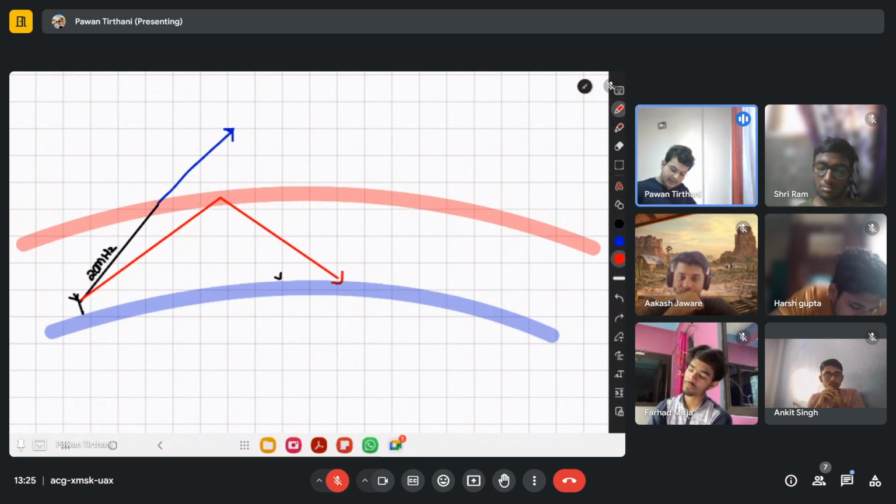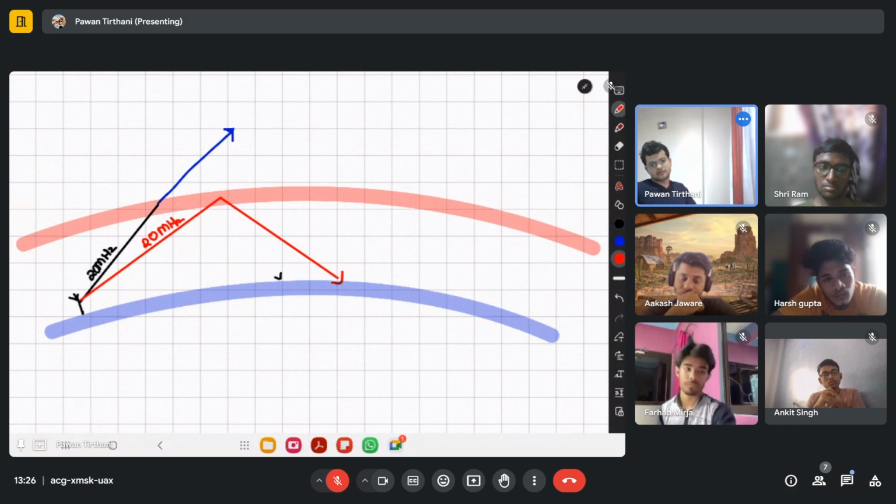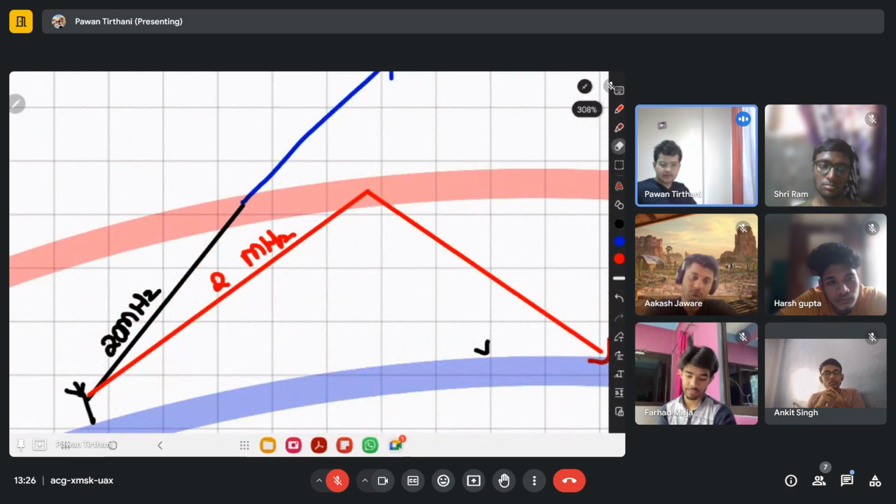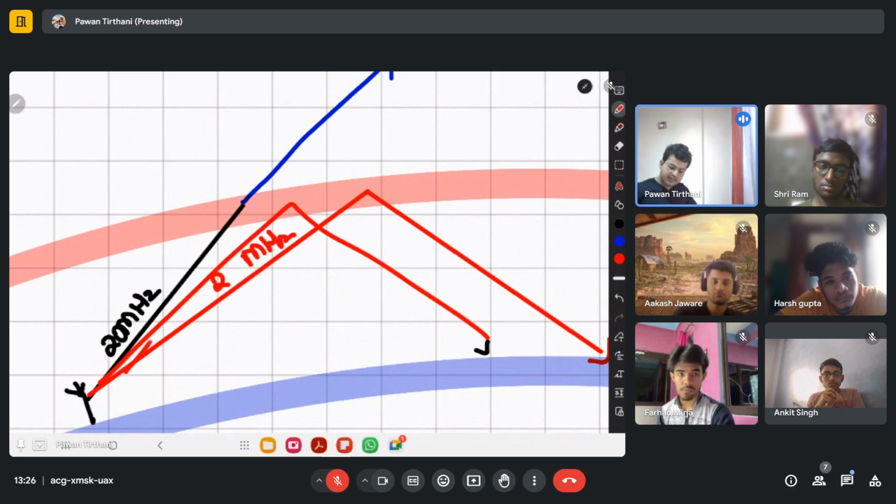Now 20 megahertz, this is the first returning sky wave for 20 megahertz. Now if I'm reducing the frequency, what will happen? If instead of 20 this became 2 megahertz, this one will come back only, as you are at a higher angle, but all the waves before this will also start coming back, no?